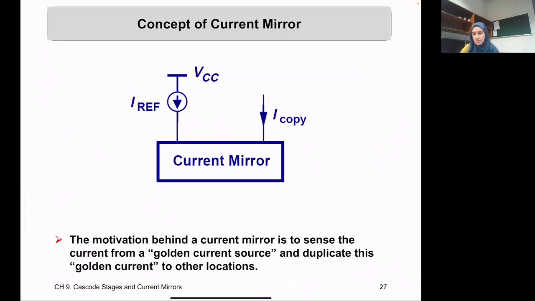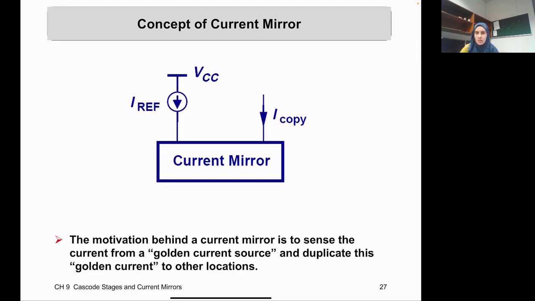So I will just give a brief introduction about this topic, but we will go into the details next class. If you have any question about what we have covered so far, please let me know. What we did is that we found how to calculate the output impedance and how to use that output impedance for finding the gain of the amplifier. Those are the two main things that you need to know.